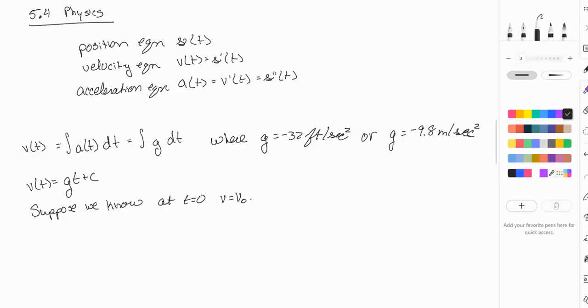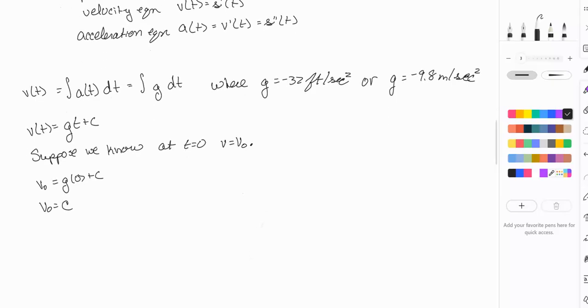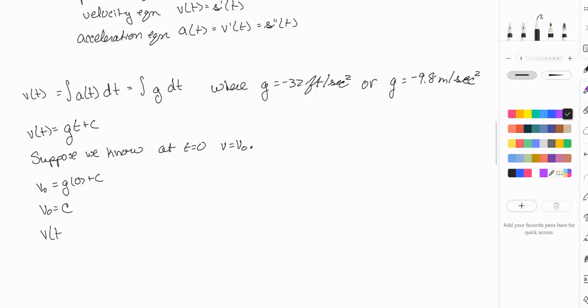I'll call it v naught. Then we have an initial condition, and we can figure out what C is. So I'm going to plug v naught in for my v here. 0 is going in for t, and you can see that constant's going to be v naught. So now my velocity equation is gt plus v naught.